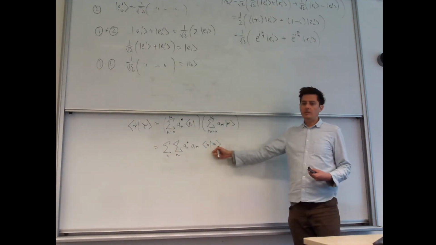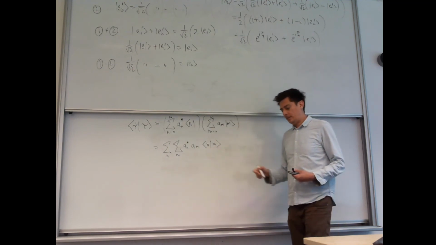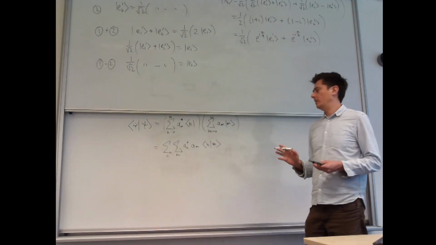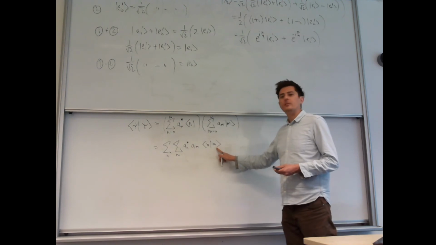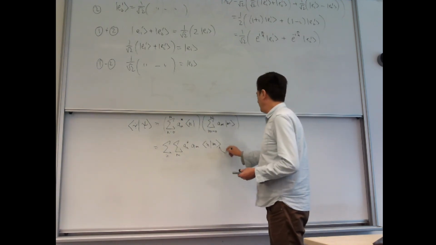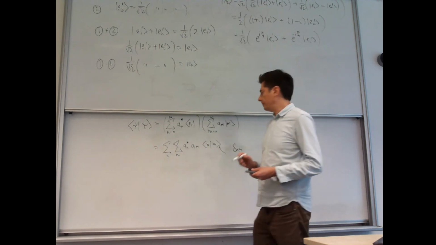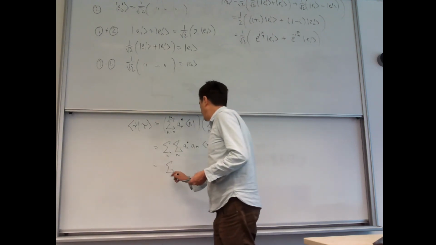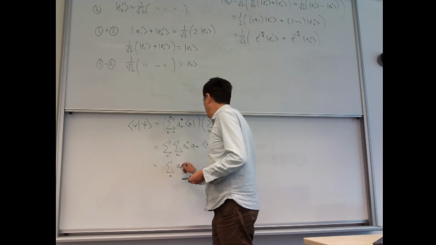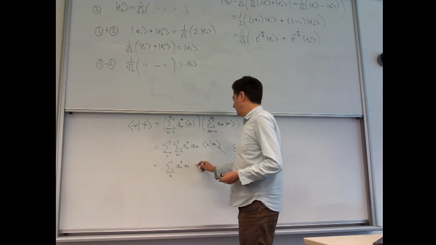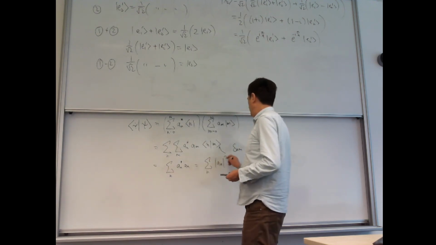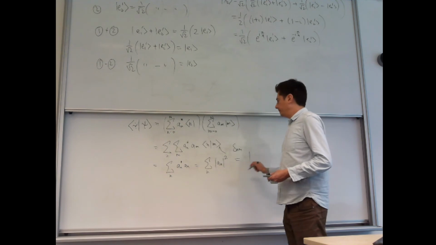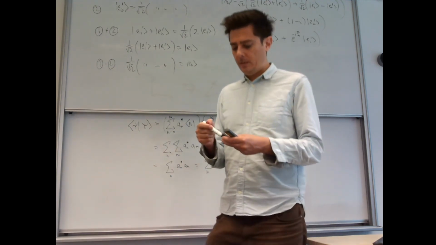And these states here, I didn't actually define it there, but I'm going to take them as being orthogonal basis vectors. So this thing here is going to be a Kronecker delta. And then the Kronecker delta will collapse one of the sums, because now m needs to be equal to n. And then we'll have a_n star, this will be a_n, and that's a_n all squared. And we demand that this needs to be 1, so that means that this sum should be equal to 1.